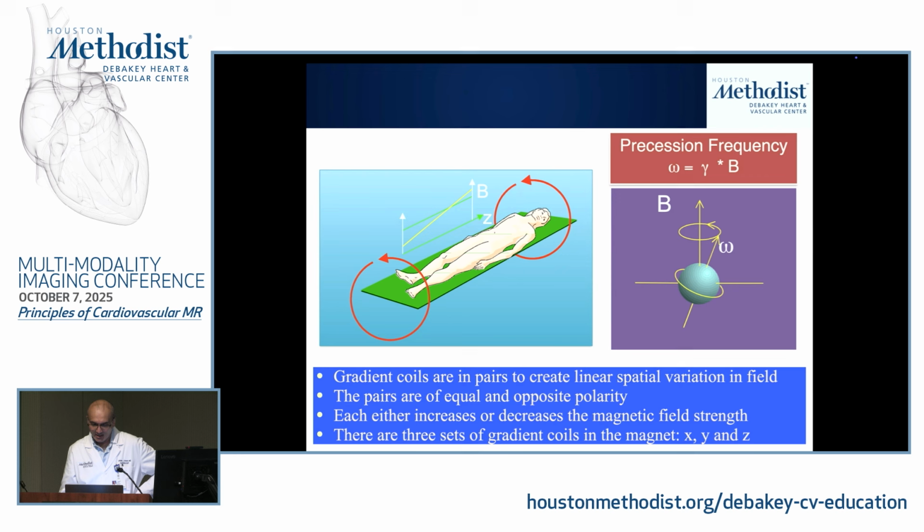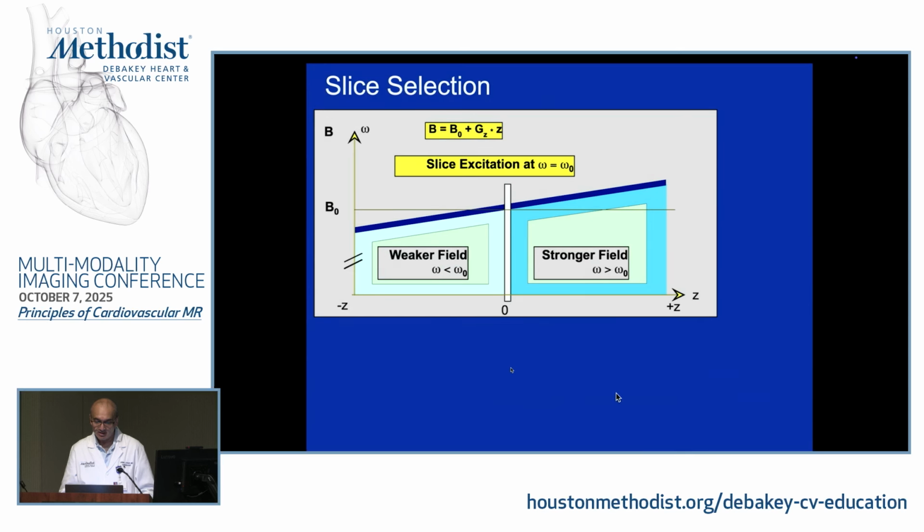The way that the scanner then determines the specific slice that you're interested in imaging is it says, okay, if you told me you want me to image at this location right here, I can apply a gradient at which the magnetic field further away is going to be higher than 1.5 Tesla. On the opposite side, it'll be lower, but right at the center, it'll be exactly 1.5 Tesla.